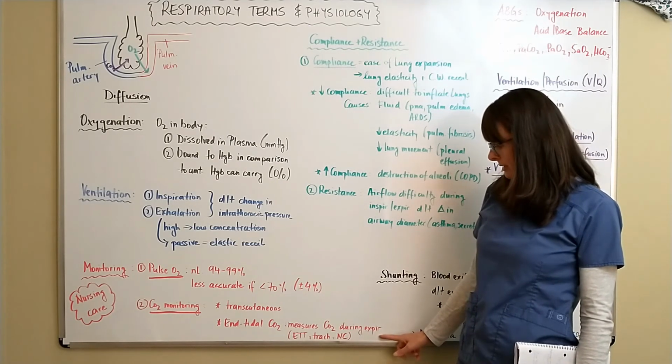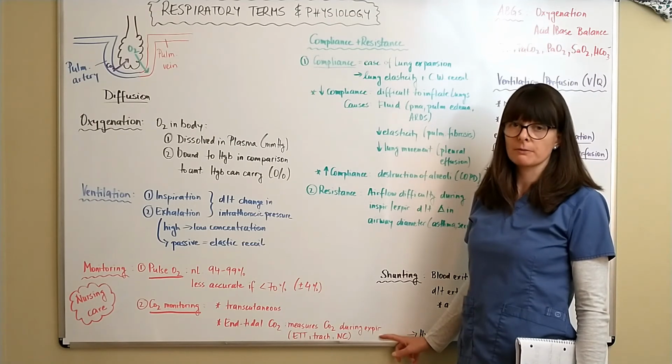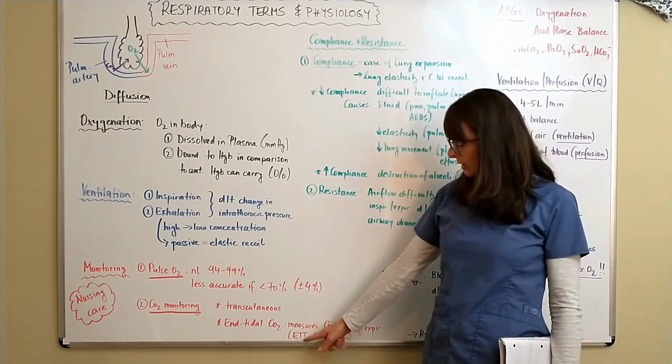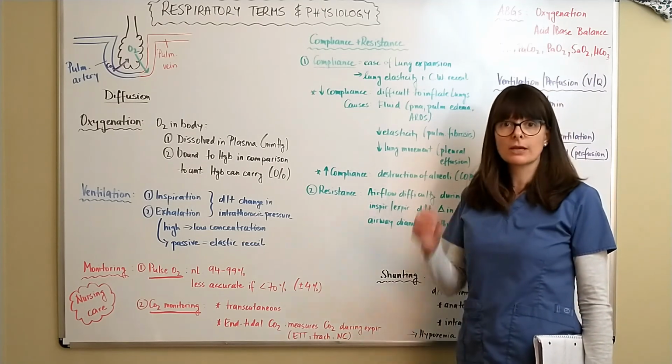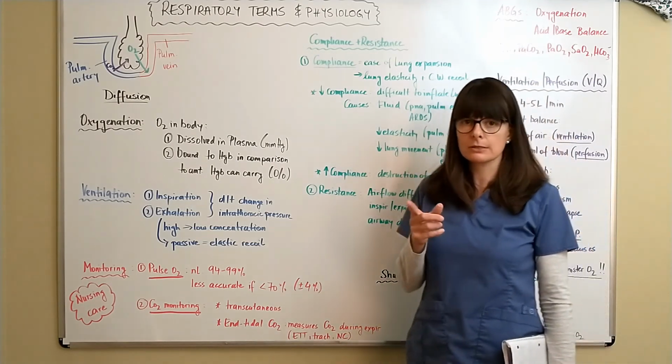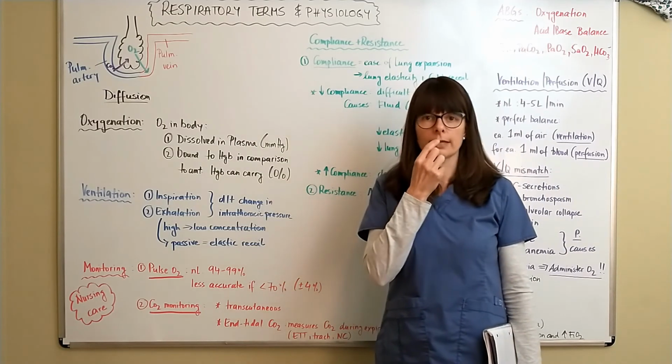And that is only possible through various different methods. So that can be done through the endotracheal tube, through a tracheostomy, and even through a nasal cannula. So you might have seen these nasal cannulas that have a little bubble attached to them.